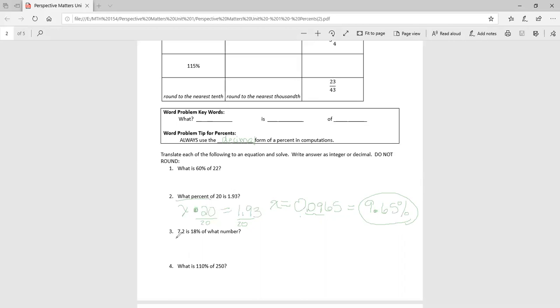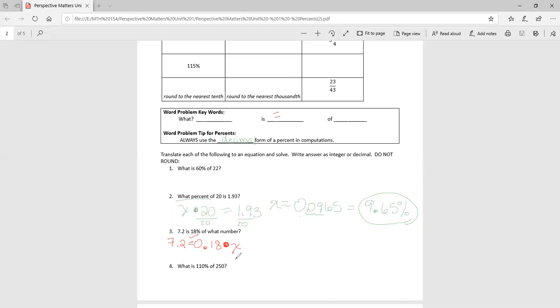So here's our next one. I'm going to do a direct translation. So it's 7.2 is that equal sign. Remember that part? And then we're going to put the 18% as a decimal. So that means go 1, 2, and then of what number? And I want you to stop and think for a second.